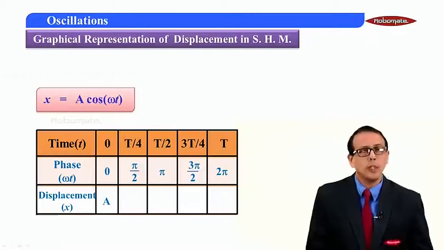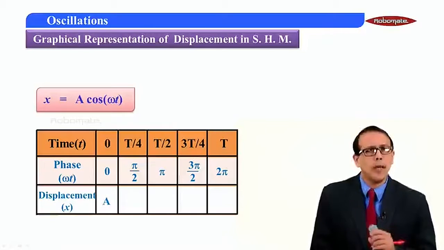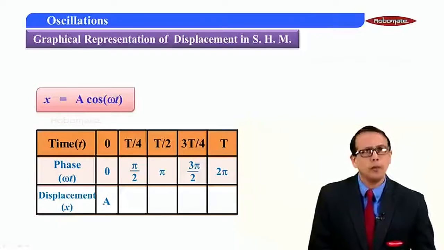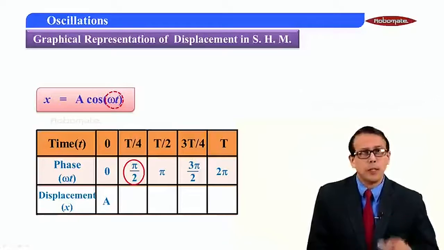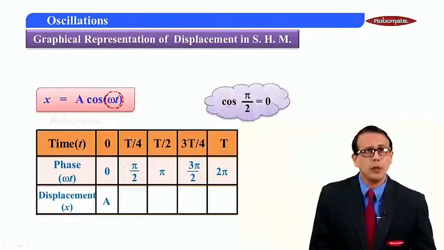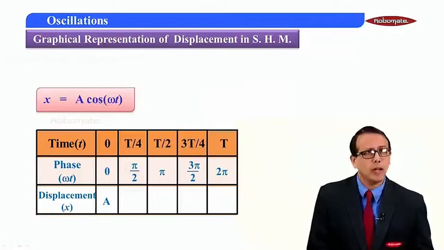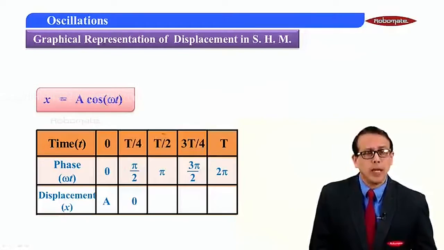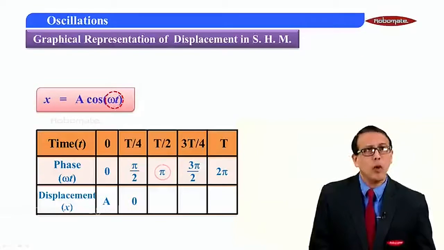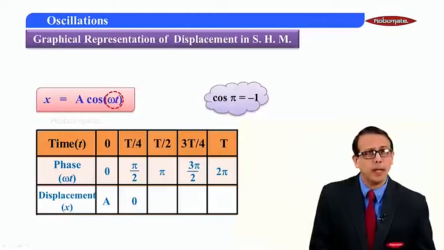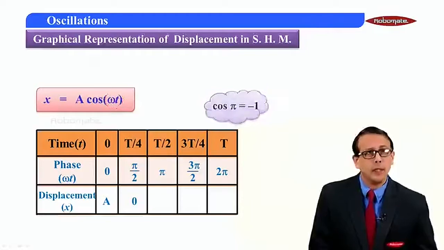Since it was solved in detail in the previous module, students, here we'll only write the values of x. When small t is T by 4, omega t is pi by 2, and let's substitute here, and cos pi by 2, students, is 0. Therefore, x takes the value 0. Likewise, the next value is T by 2, and the phase becomes pi. Cos of pi is minus 1, and hence a becomes minus a.